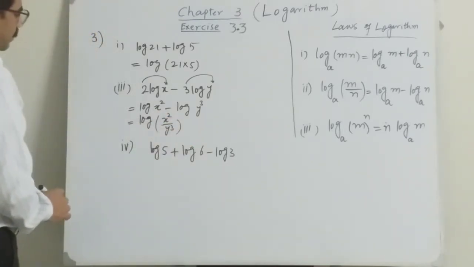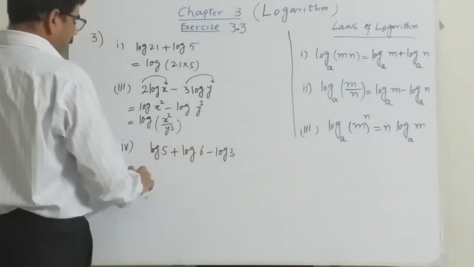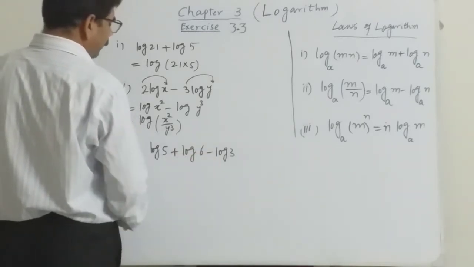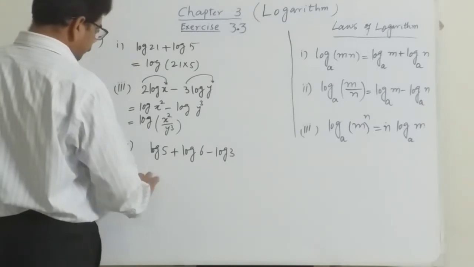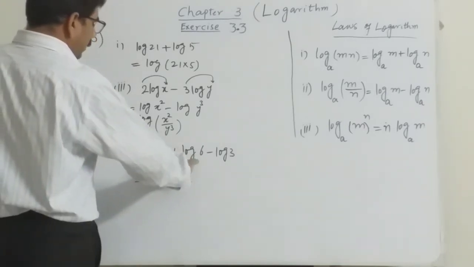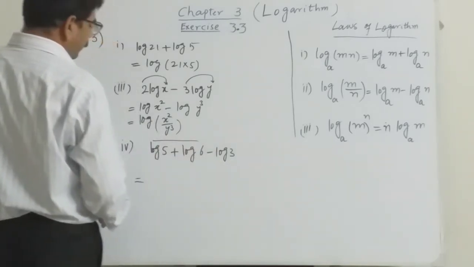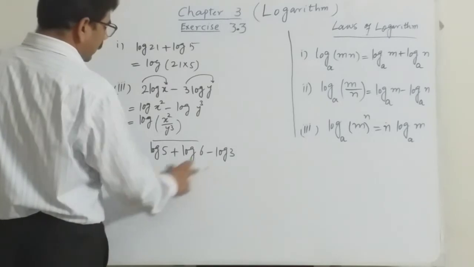And in the fourth part of this question, we have been given the sum and difference of logarithms of some numbers. Here we will apply the first law, then the second law.